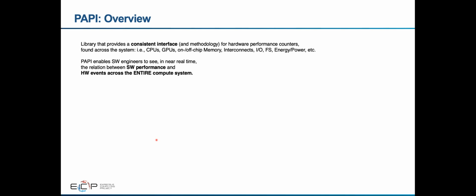So what PAPI does is to address this problem by providing a uniform interface for accessing hardware performance counters across a wide range of devices and vendors. And through PAPI, the users can see the relation between the performance of the software and the hardware events happening on the devices and use this information to make improvements to their codes.